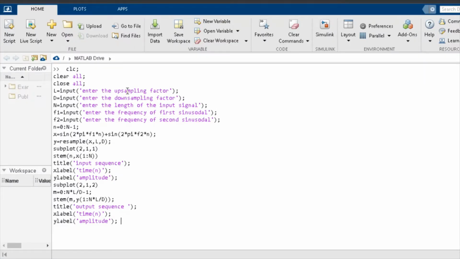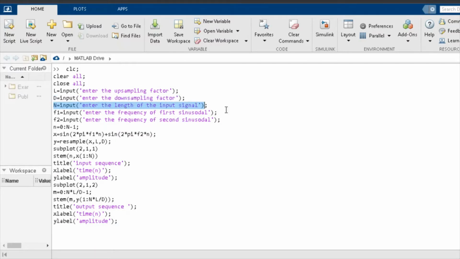So for the code, first of all, we're going to get the required inputs. First is for the L variable, we're going to store the upsampling factor value. For the DU variable, we are going to get the downsampling value.